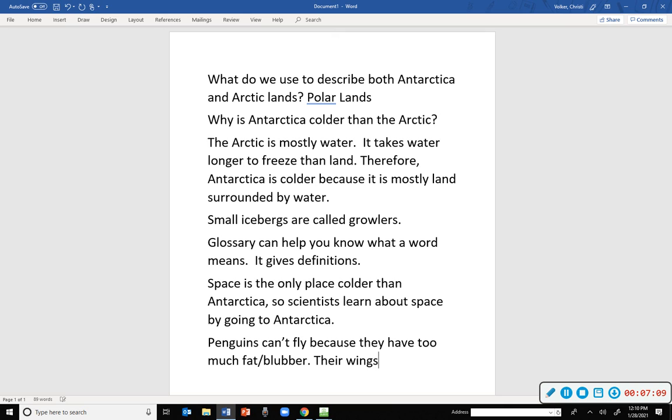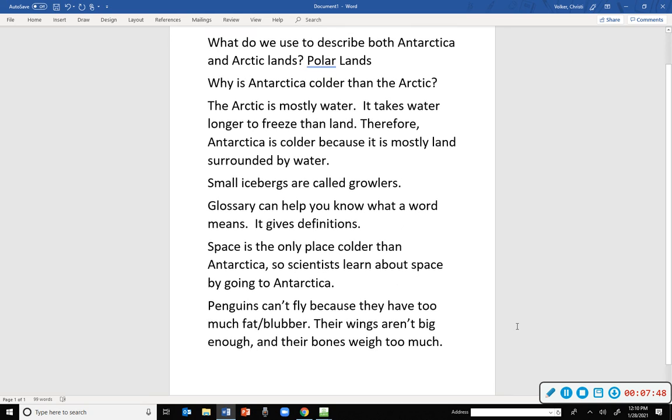Their wings aren't big enough, and their bones weigh too much, right? Other birds have smaller, skinnier, tinier skeletons, whereas a penguin's bones are thicker and bigger. Okay, so they can't fly.